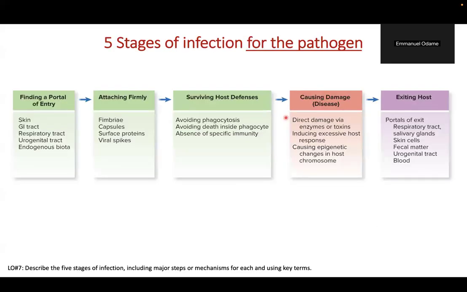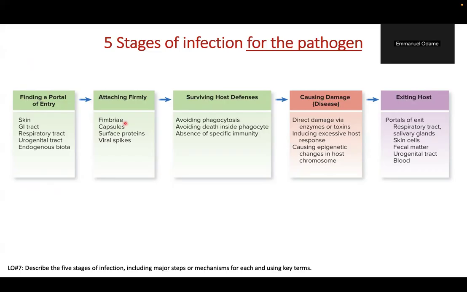So now, what are the stages of infection for a pathogen? We have 5 stages. The first one is trying to find a point of entry. It can be your GI tract, your skin, urinary tract, any place where the microbe can find and get into your body. Once it gets into your body, it has to attach firmly to the host cell or tissue that it plans to attack.